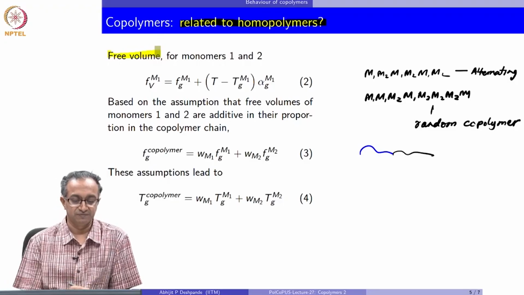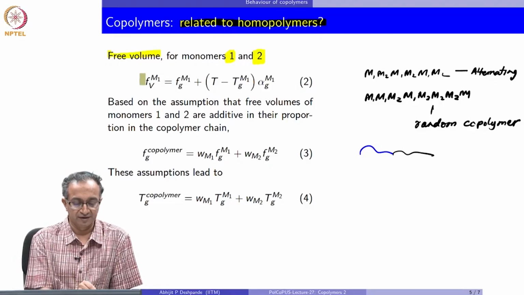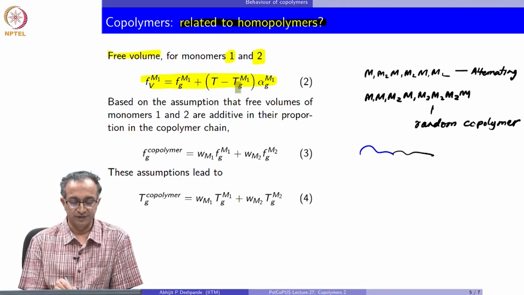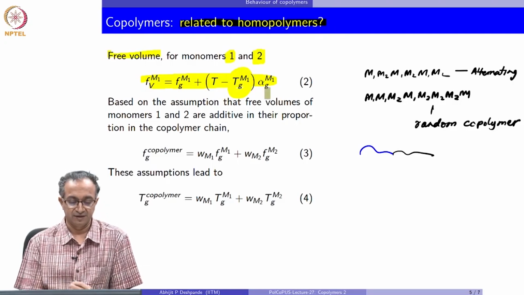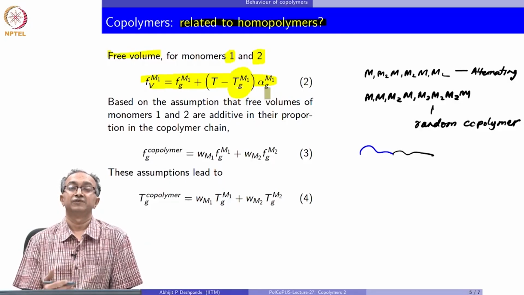And we know that this free volume is known for, let us say, homopolymer 1 and 2, and here what is shown is the free volume for homopolymer 1, and so it depends of course on the glass transition of polymer 1, and similarly there can be an expression for the free volume of homopolymer 2.